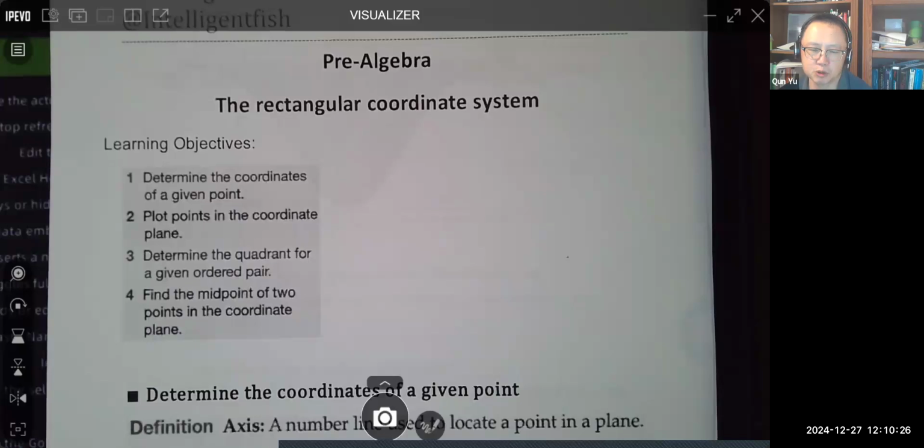First, if you're given a point, we want to be able to identify the two coordinates of that given point. One is for the horizontal value, one is for the vertical value. Then we want to be able to plot points in the coordinate plane.